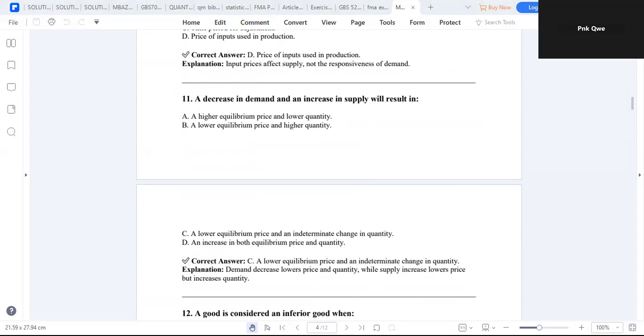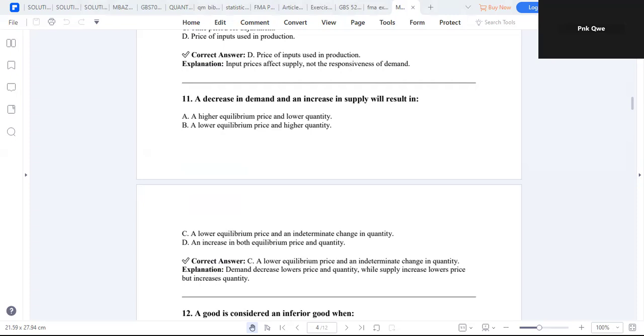Question number 11 reads, a decrease in demand and an increase in supply will result in C, lower equilibrium price and indeterminate change in quantity. What we must understand is that a decrease in demand will cause a shift to the left.